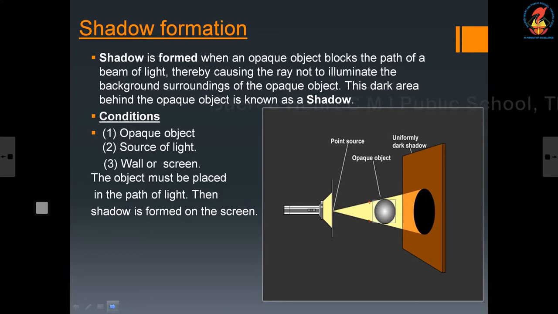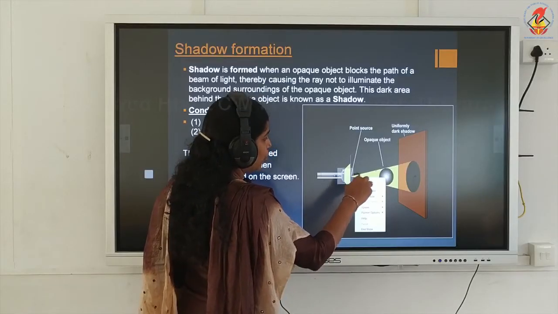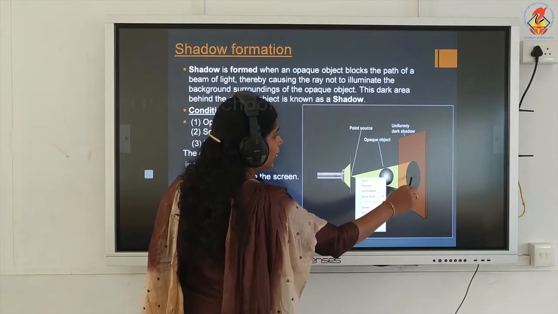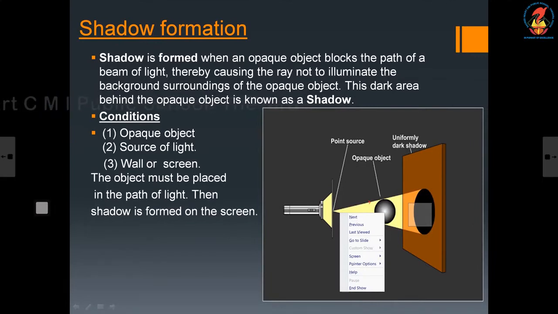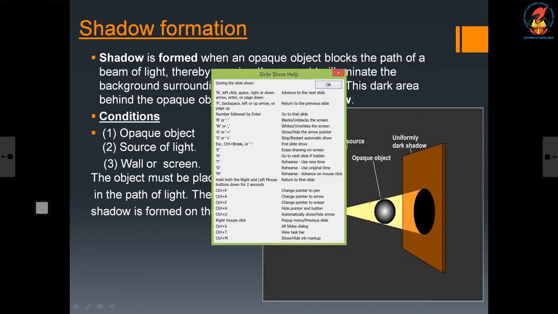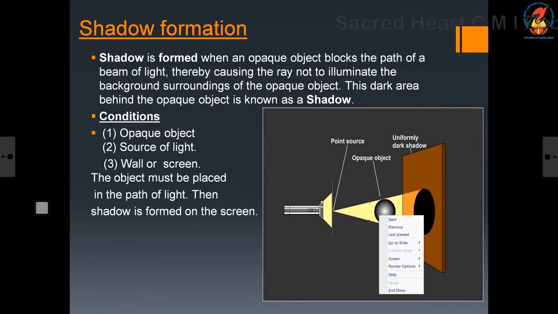Here, light from this torch falls on this opaque object and a shadow is formed here. You can see a dark colored portion on this screen. So this dark colored portion represents a shadow.